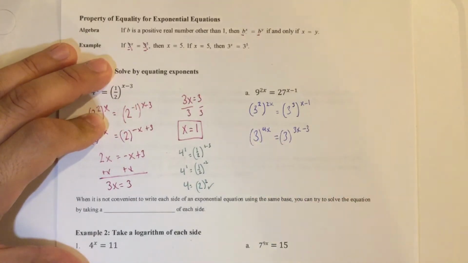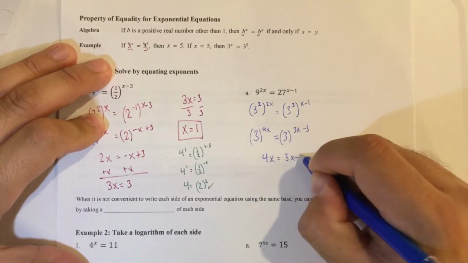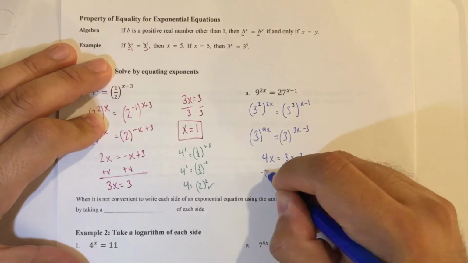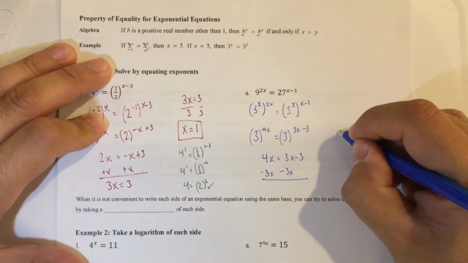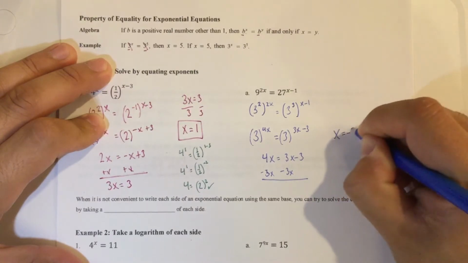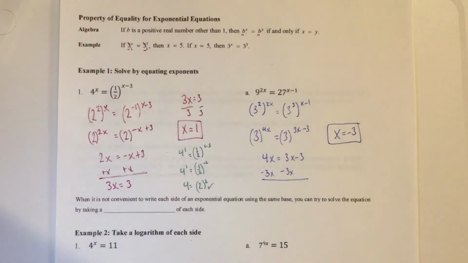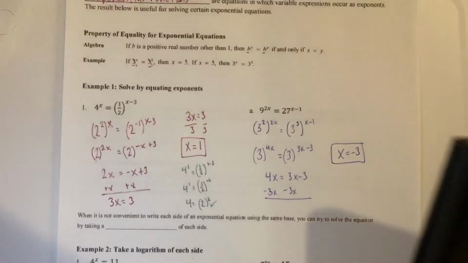Bases are the same, you can cross them out. I'm just going to rewrite the exponents because that's what I'm solving now. Subtract the 3x, and we come up with, let's write this over here, x equals negative 3. And just to show you, I will test that real quick in this calculator.